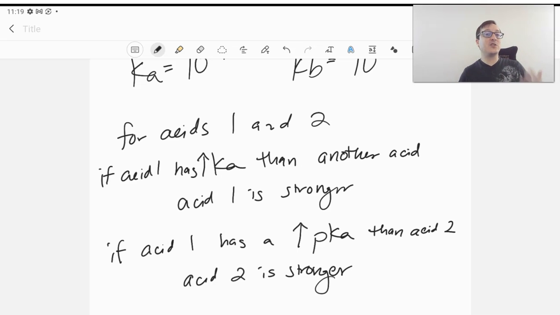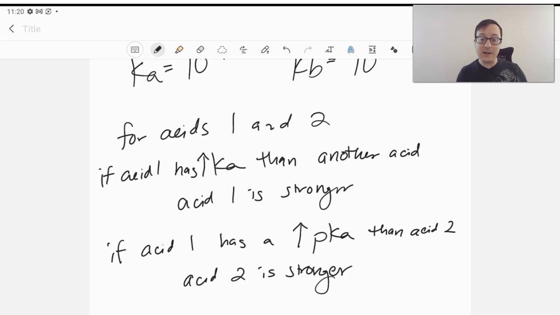So for an acid to be stronger, we're looking at either a higher Ka or a smaller pKa. Just like with pH, low pH means highly acidic, which means a high concentration of H+. When we're comparing the equilibrium constants, a stronger acid has a higher Ka or a lower pKa.